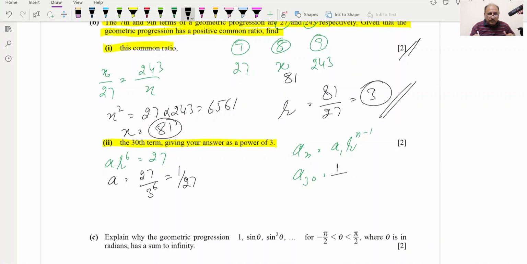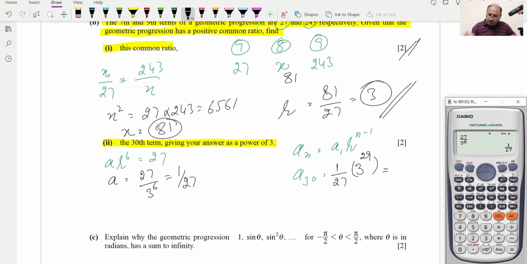So a1 will be 1 over 27, and r value is 3 raised to the power 30 minus 1, which will be 29. So this will be equal to 1 over 27 multiplied by 3 raised to the power 29.